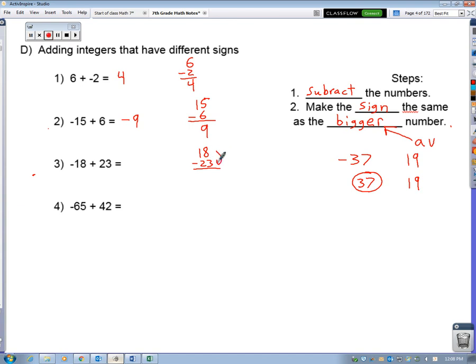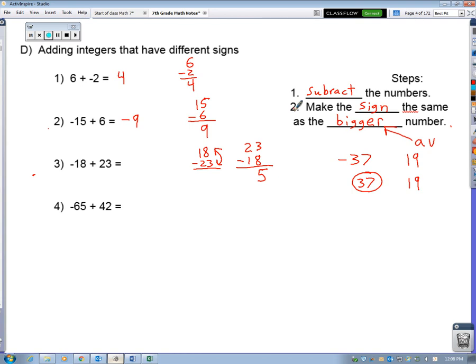We'll flip these numbers around so that we can subtract them. Take the 23, put that on top, and we'll put the 18 below. Now we can subtract them. Doesn't that look much better? So let's subtract those. That'll give us a 5. 23 minus 18. We just did step number 1.